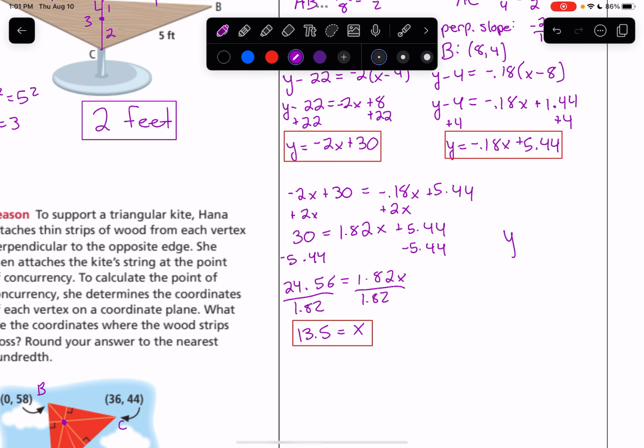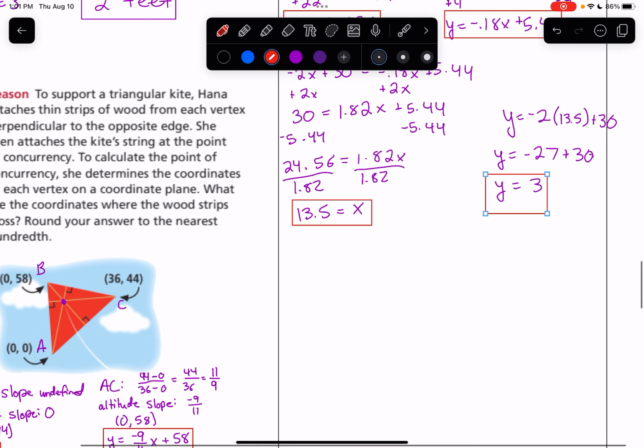So we've got y equals negative 2x plus 30. Negative 2 times our x value of 13.5 plus 30 gives y equals negative 27 plus 30, so y equals 3. So our final answer, the coordinate point of the orthocenter, is 13.5, 3.